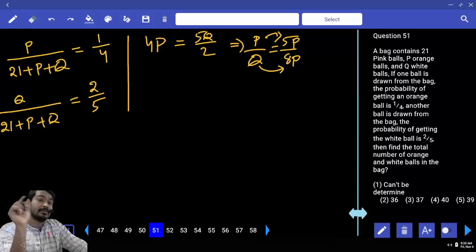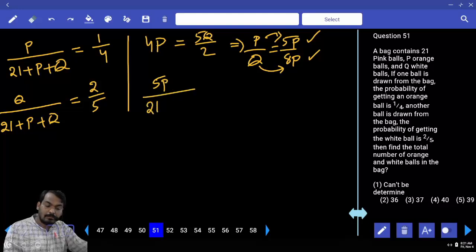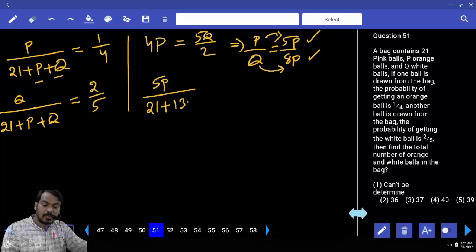Okay. But in first option, in place of cannot be determined, none of these are given. Again we verify the exact value or not? Yes or no? One is 5 parts, another one 8 parts. P means how many parts? 5 parts by 21 plus P plus Q. 13 parts equal to how much? 1 by 4.